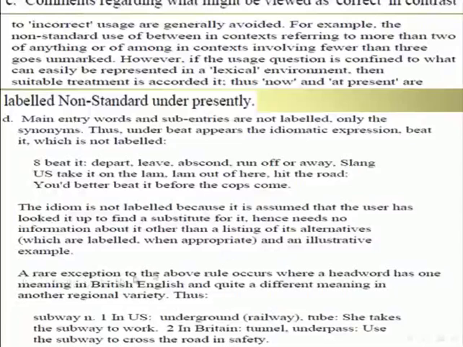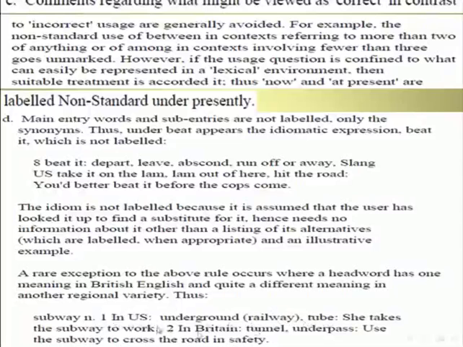A rare exception to the above rule occurs where a head word has one meaning in British English and quite a different meaning in another regional variety. Thus, subway, number one, in American English: underground, railway.